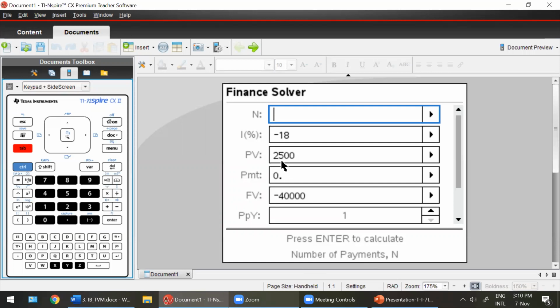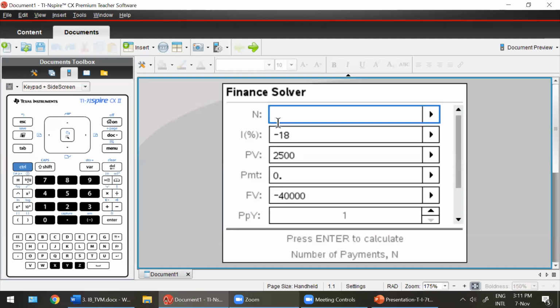As we familiarize ourselves with these variables and move using the tab key, we will understand the variables involved in the finance solver. Okay. So the first variable that the finance solver gives us is N. N is the number of payments, and I will be explaining this again when I move into my presentation mode.